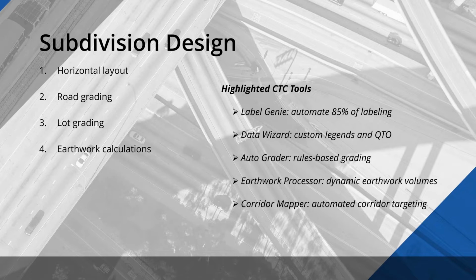We'll also use one of our new tools called Earthwork Processor, a dynamic variable subgrade depth earthwork calculator, and Corridor Mapper a little bit to automate some of that road grading.